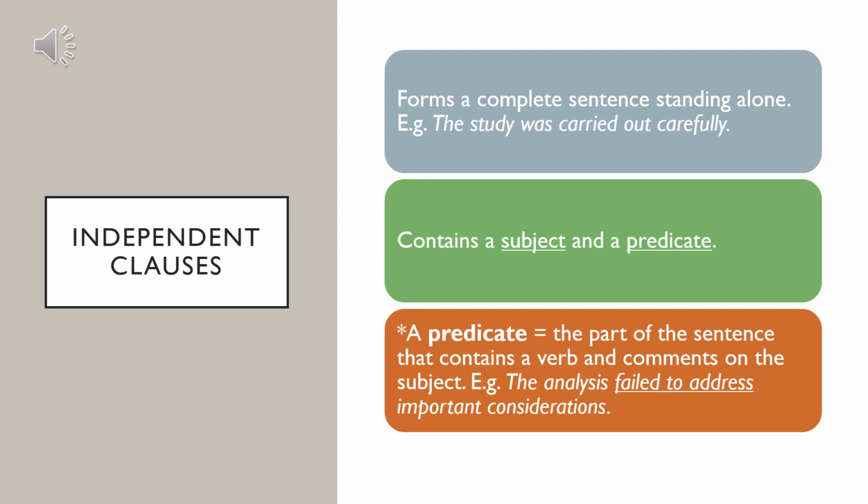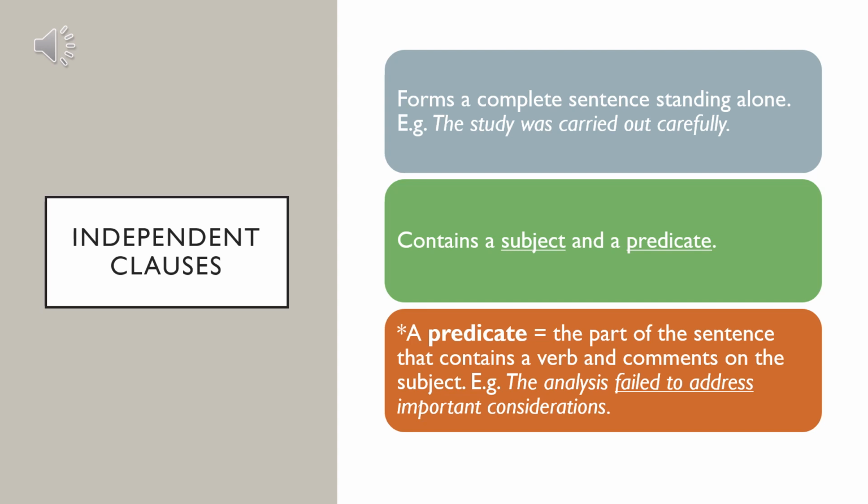For example, the study was carried out carefully. This sentence can stand alone and it makes perfect sense. Why? It's because this sentence contains a subject and a predicate. The subject of the sentence is the noun, the person, place, or thing, and the predicate is the part of the sentence that contains the verb and that comments on the subject.